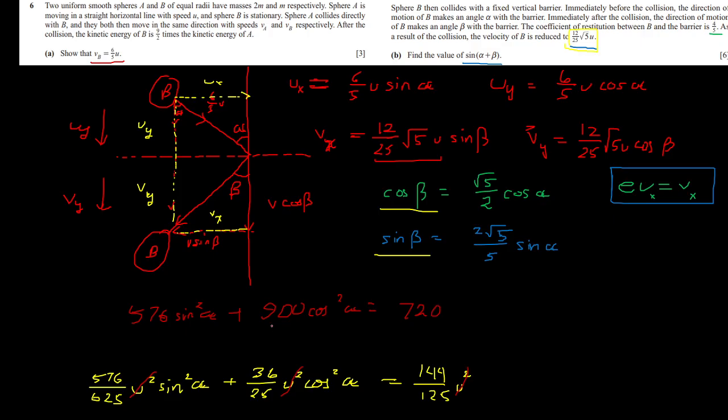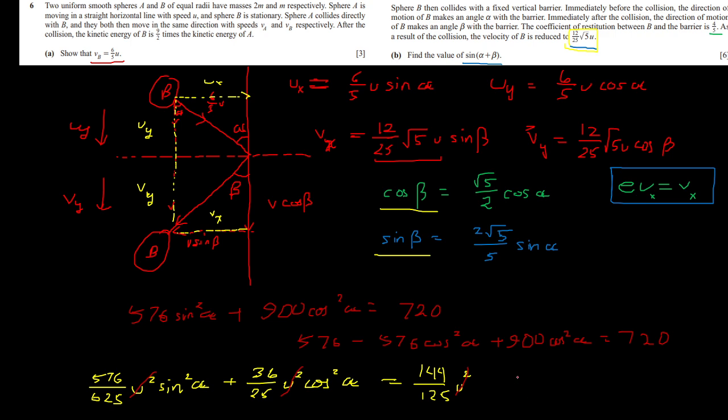Okay, so now we just change values. We know that sine squared alpha equals to 1 minus cos squared alpha, and so we get 576 minus 576 cos squared alpha plus 900 cos squared alpha equals to 720.